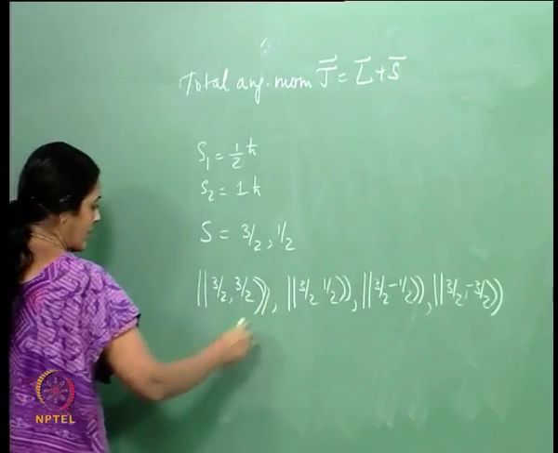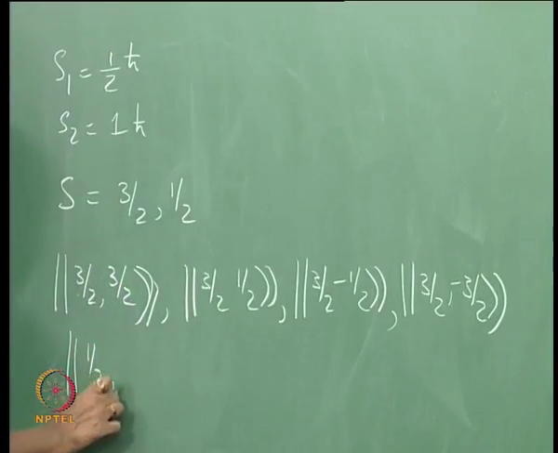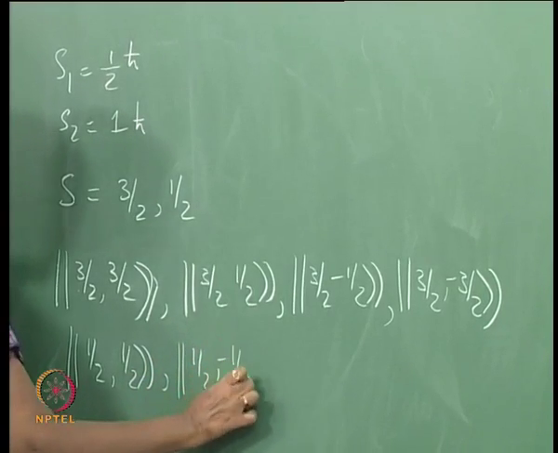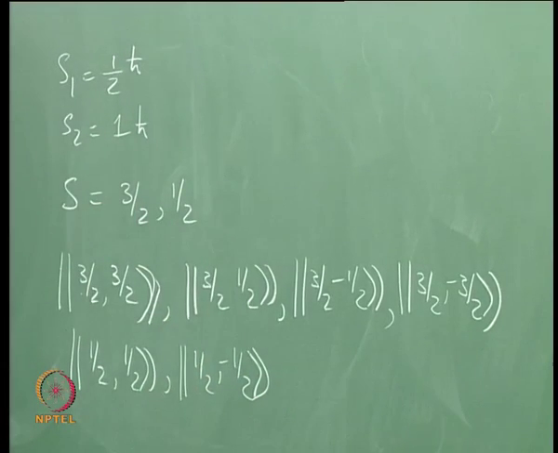This was the spin quartet, and of course there was a spin doublet which was half half and half minus half. You will recall this from earlier lectures on angular momentum.